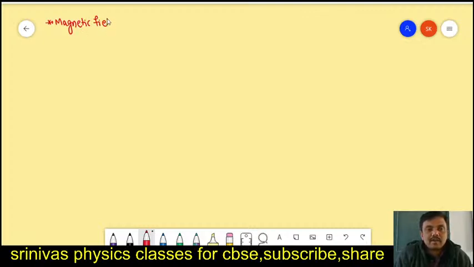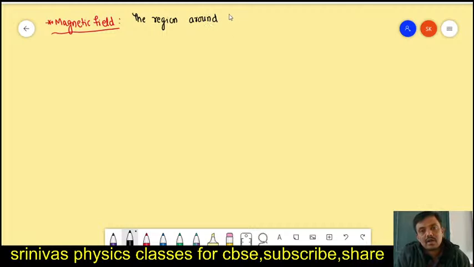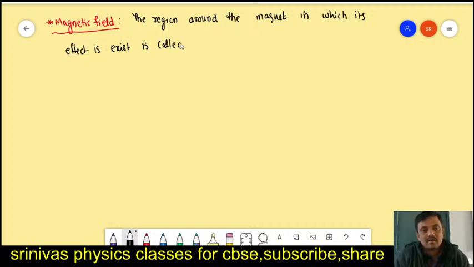So what is magnetic field? Magnetic field means the region around the magnet in which its effect exists. That is called the magnetic field.